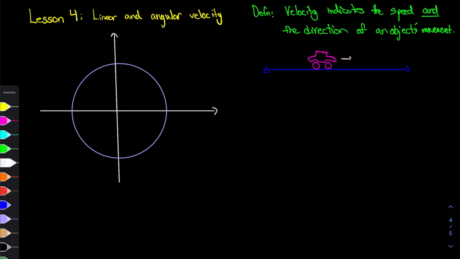Let's say it's moving to the right, and if right is the positive direction, then positive 5 miles per hour means it's moving to the right. But if I say my car has a velocity of negative 5 miles per hour, that means my car is now moving in the negative direction. It is moving to the left. That's what velocity is.